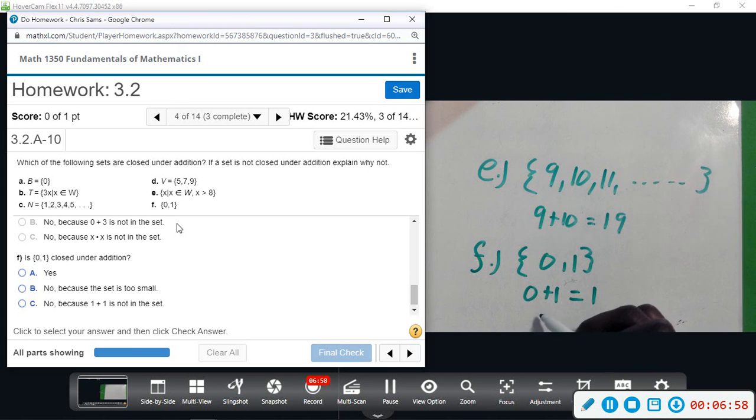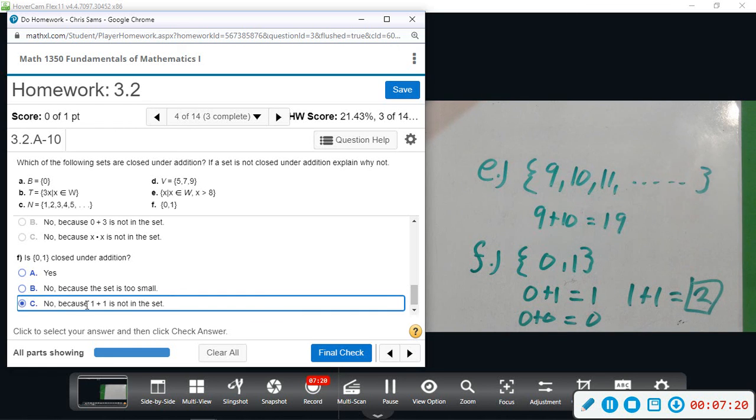If I add 0 plus 0, I get 0. But if we add 1 plus 1, we get 2. 2 is not in that set. So you have to be mindful, you can add an element to itself. And this is not closed because 1 plus 1 is not in that set.